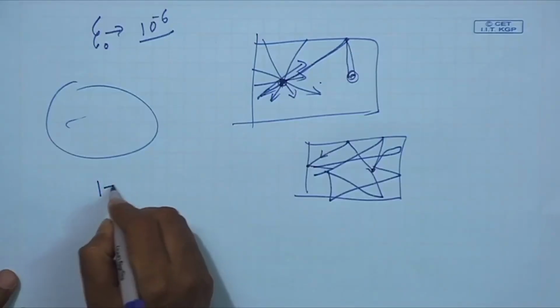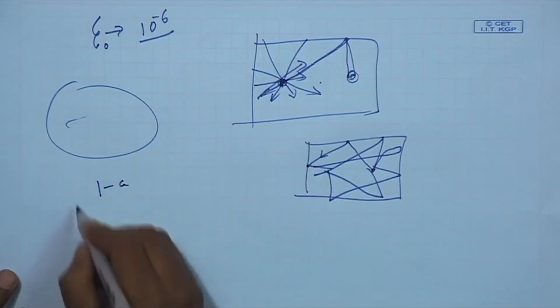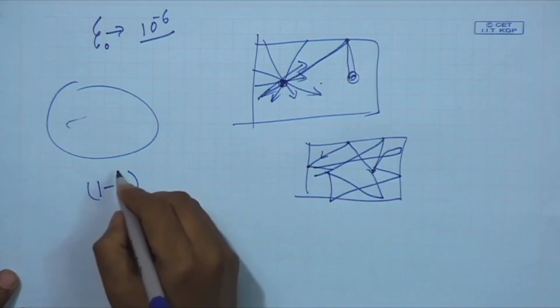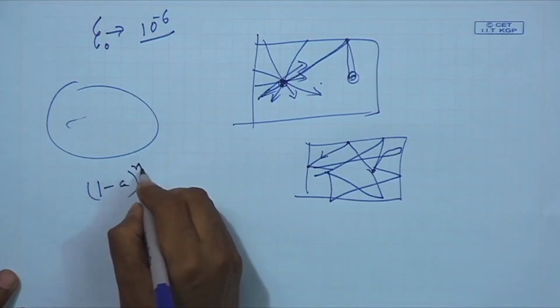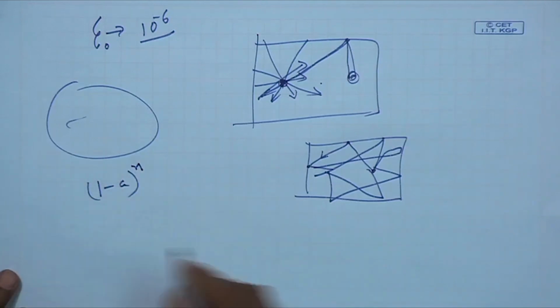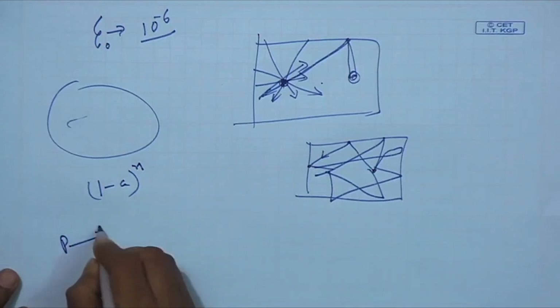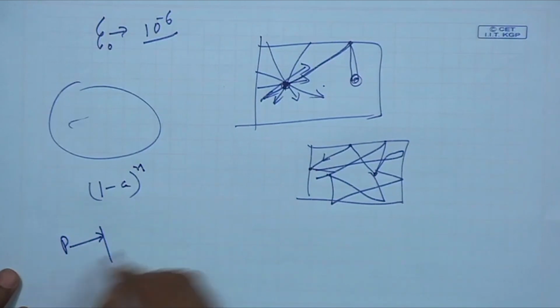Every time the ray strikes the wall, the absorption coefficient is A, so 1 minus A will be reflected. If it falls on the wall n times, it will be to the power n. Let P be incident on the wall the first time. What is the reflected power?